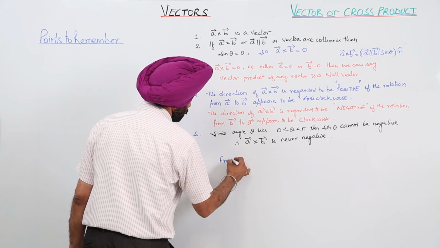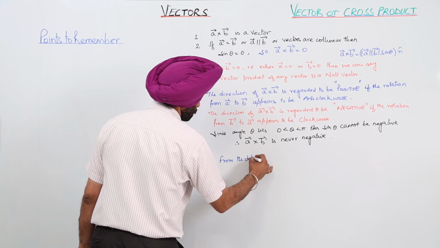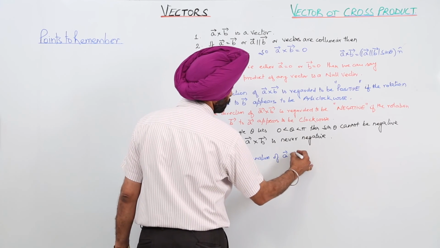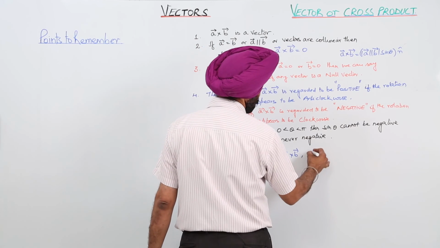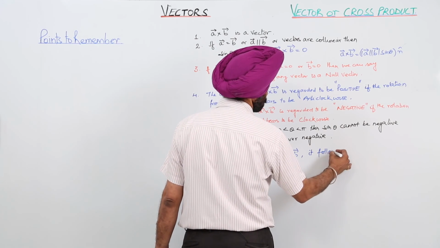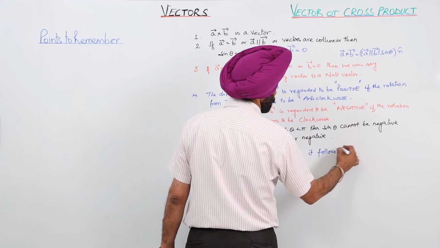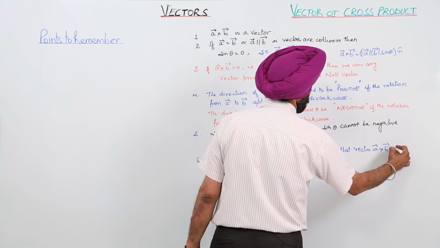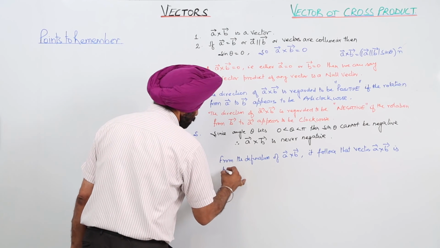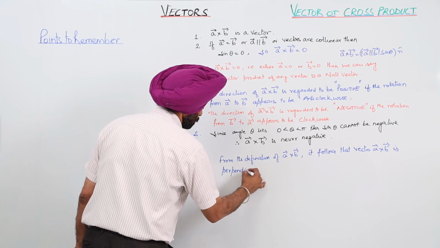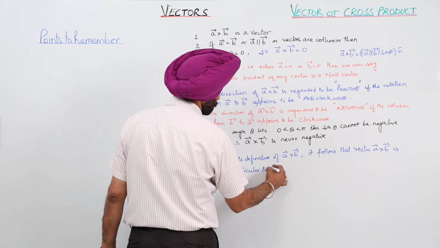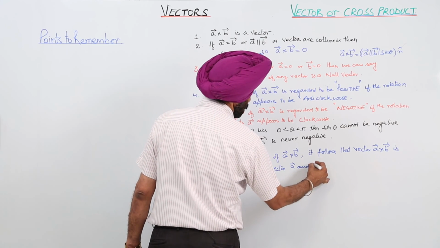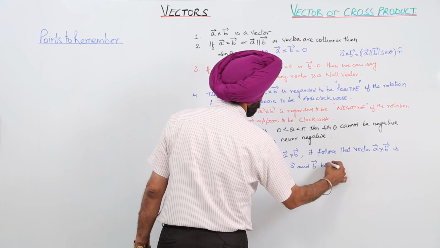Now from the definition of vector A cross vector B, it follows that vector A cross vector B is perpendicular to vector A and vector B both.